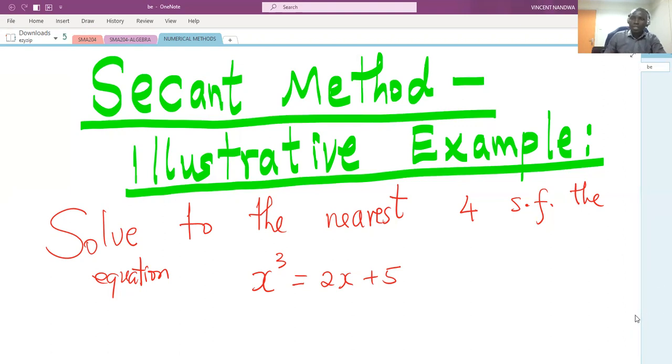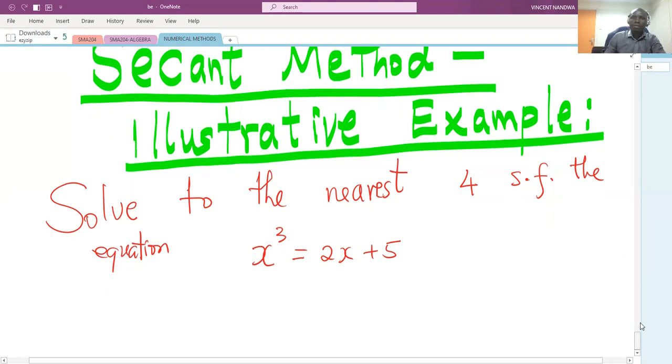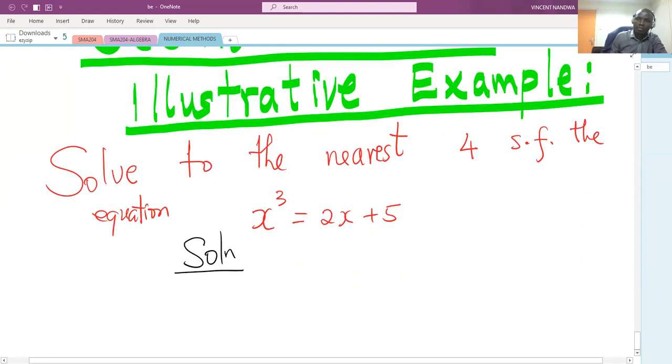So the first step, solution. Step one. Remember, sometimes you may be given the initial conditions, or sometimes you may be required to find those two initial conditions on your own.